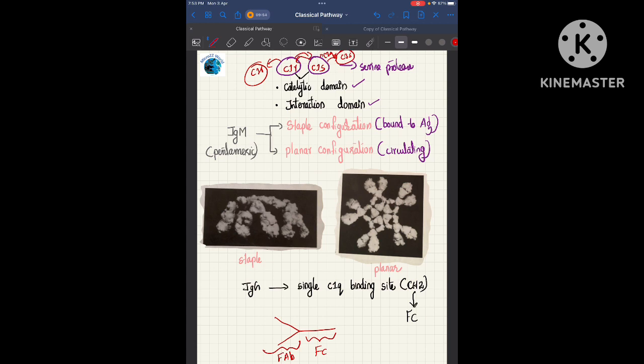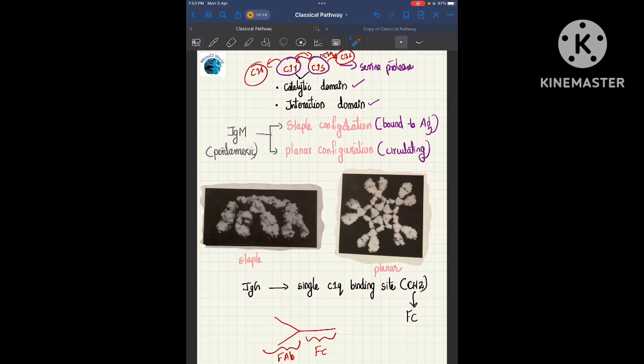Then I told you that mainly 2 antibodies, IgM and IgG, participate in the activation of complement. First of all, IgM. IgM is a pentameric antibody. This IgM can exist in two configurations, either staple configuration or planar configuration.